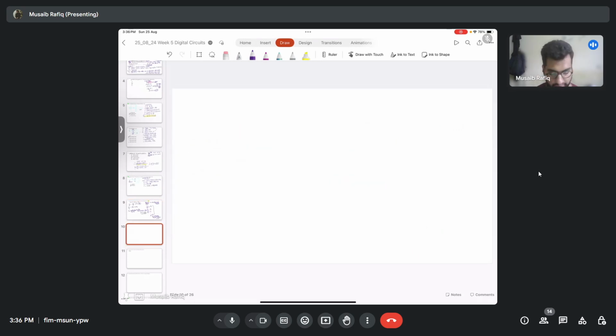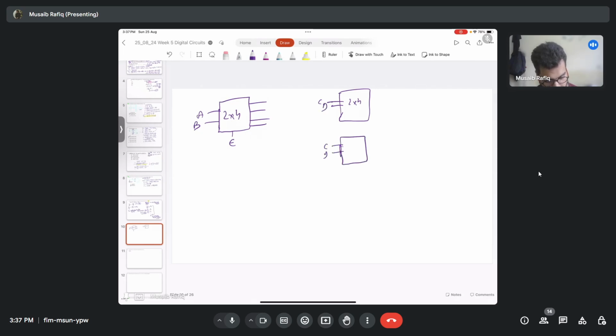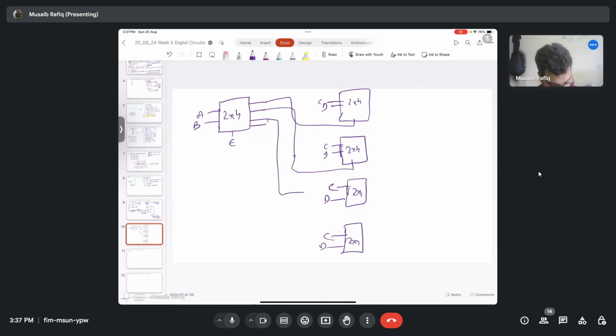I'll show you also how it is 5. Here I have a 2 cross 4 decoder having enable E, and here are inputs A and B. So output will be 4. Here again 2 cross 4 decoders, and also another. This goes here as the enable, this goes here as the enable, and ultimately this goes here as enable.